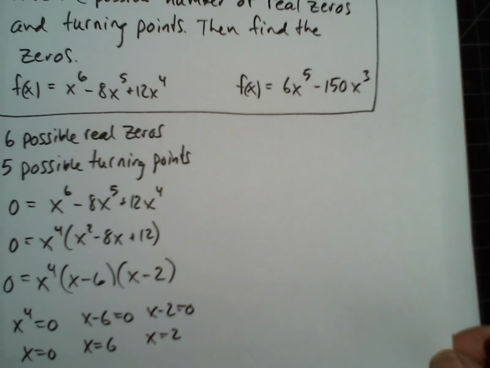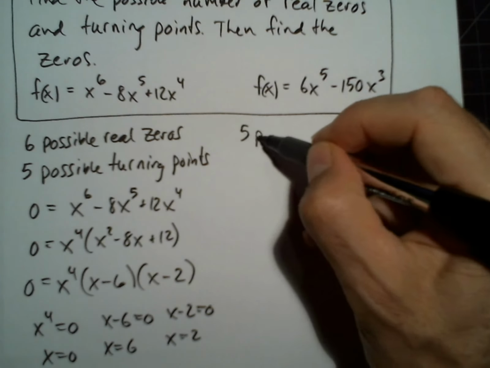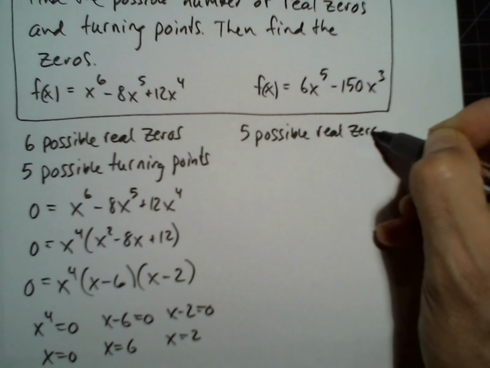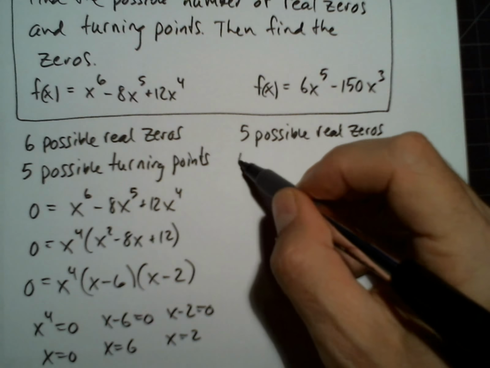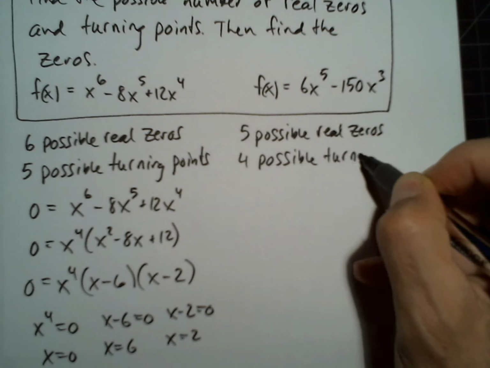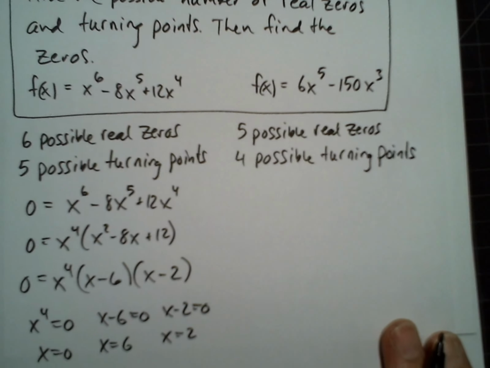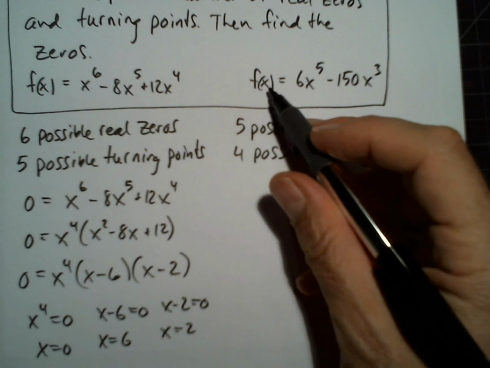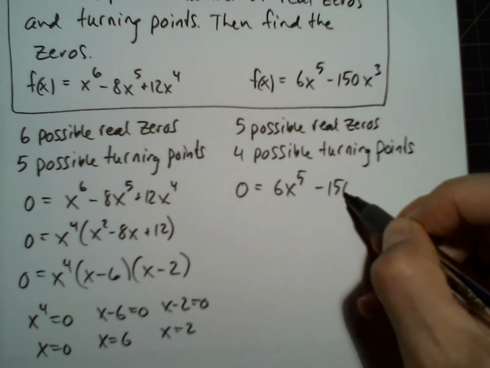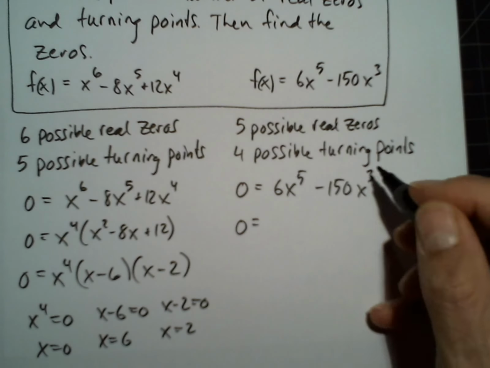Okay, you try that one. Pause the video. Make the y 0. Common factor of 6x cubed.